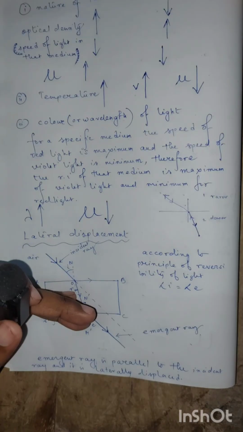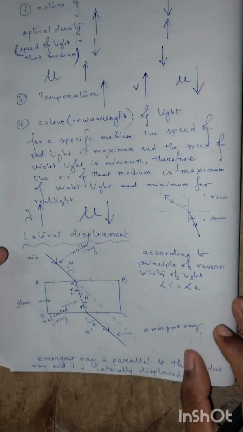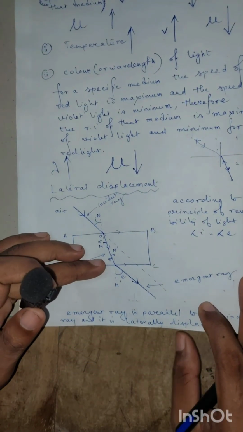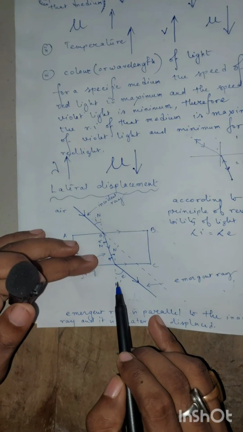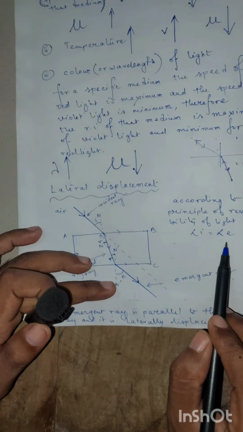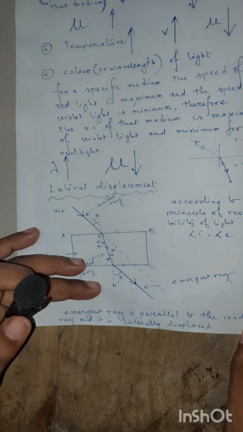In forward and backward direction, the light ray follows the same path. So according to the principle of reversibility of light, the angle of incidence will be exactly equal to angle of emergence.